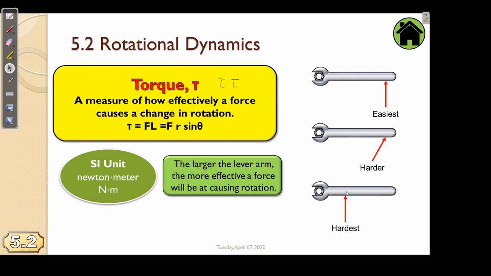Also, if we move the applied force closer to the axis of rotation, that will also reduce the effective torque because it decreases this value R, which again will make the job harder. It'll make it harder to change the nut's rotation. The SI unit for torque is going to be a Newton times a meter, and we usually just say Newton meters.